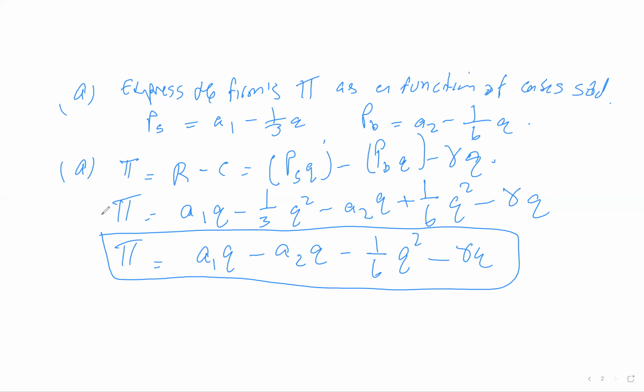For part B, the question is asking, assume that A1 minus A2 minus gamma is greater than 0.